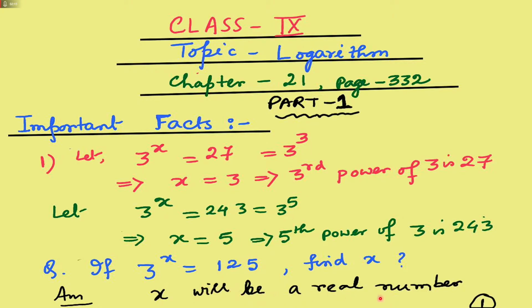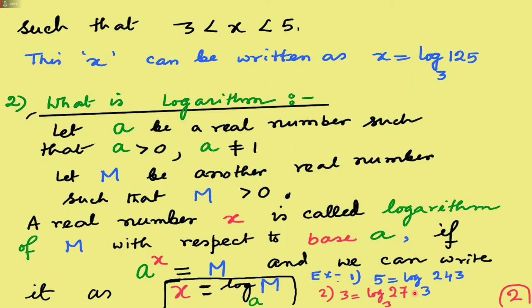Of course x will be a real number, and this value of x will be in between 3 and 5 because 3 cube is 27 and 3 to the power 5 is 243, and 125 will be lying between these two values, and this x can be written as x equal to log 125 base 3.